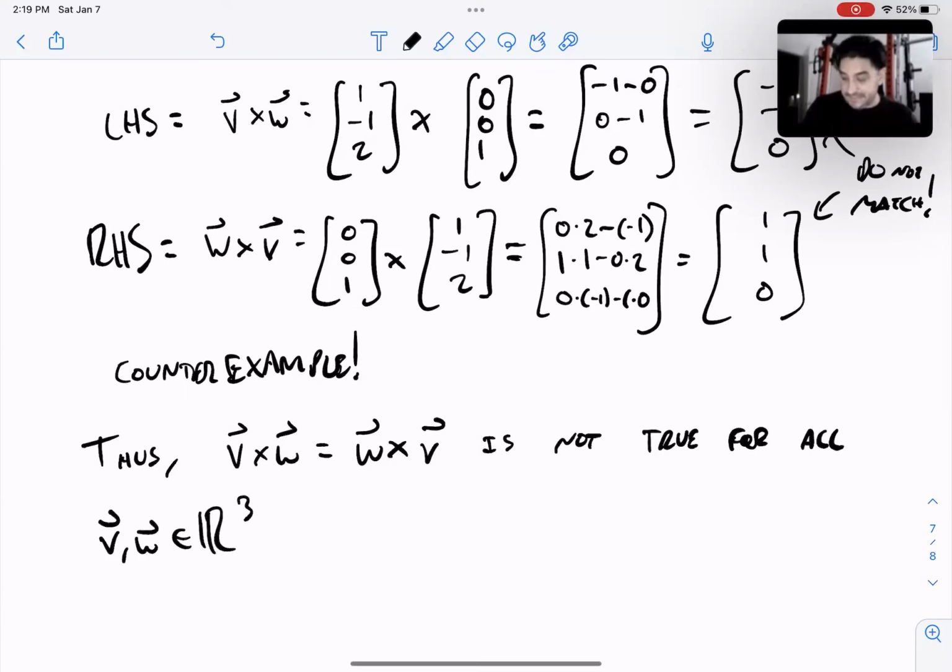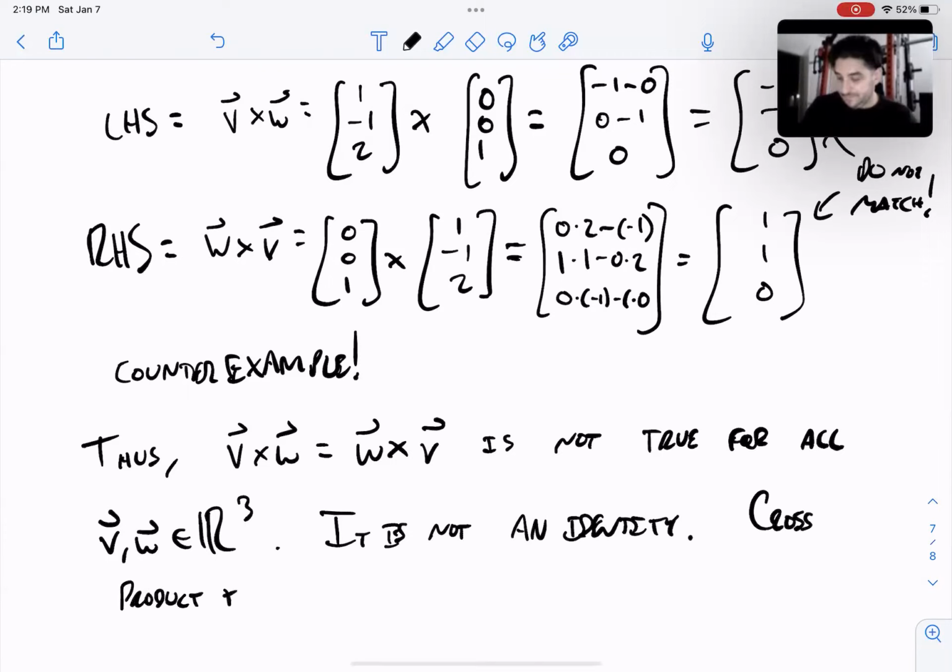It's not an identity. Or another way to say it is that cross product is not commutative. That's a perfectly good way to say what we learned here.